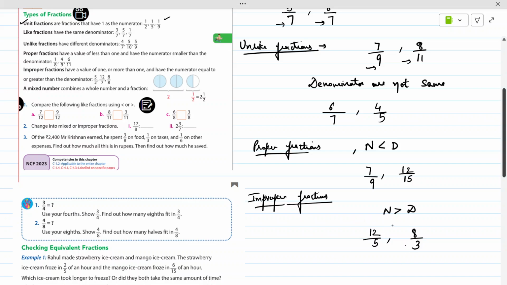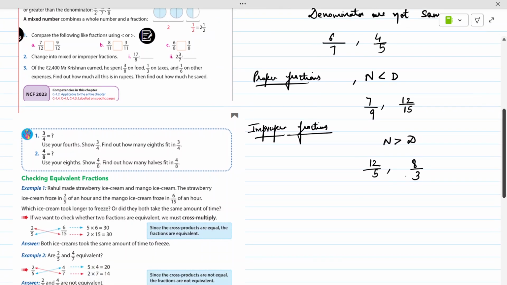Next, we have a mixed number. Kids, we are just revising this because we have done much of this in our previous class, in grade 4. A mixed number is a mixed fraction.